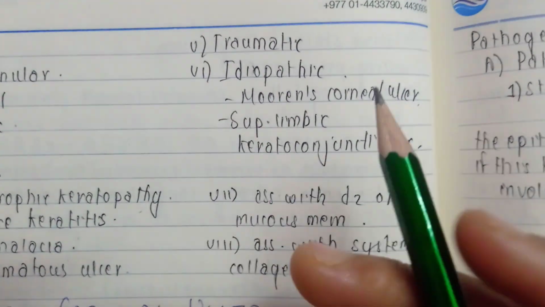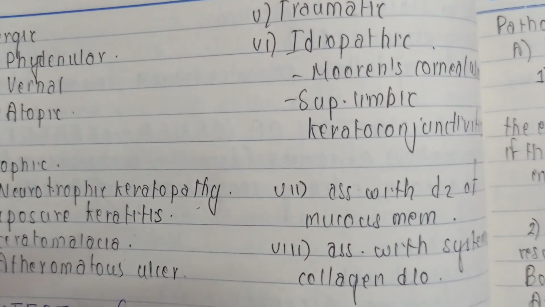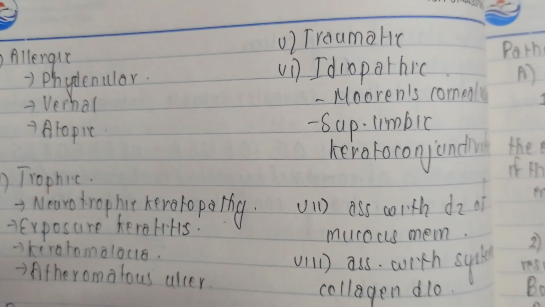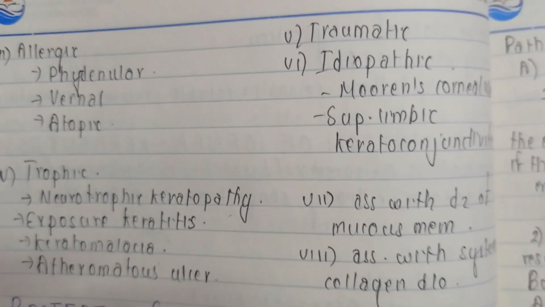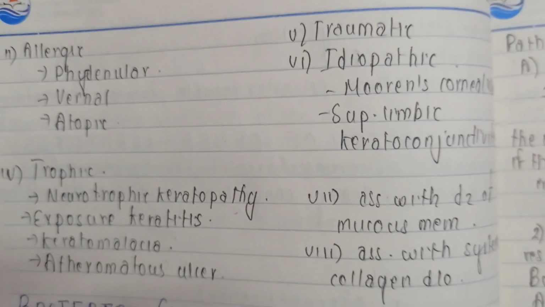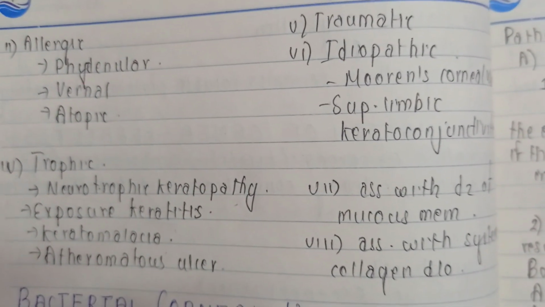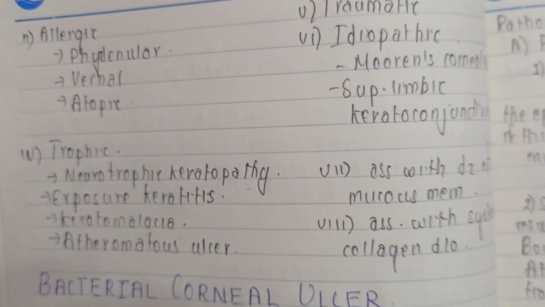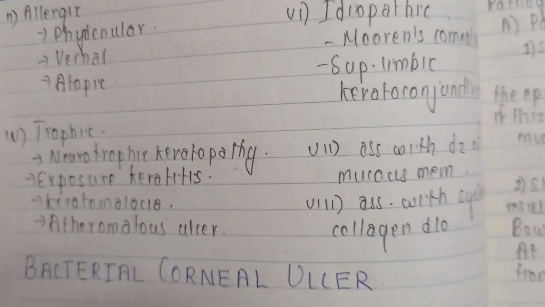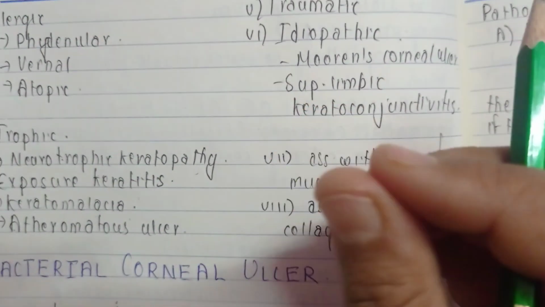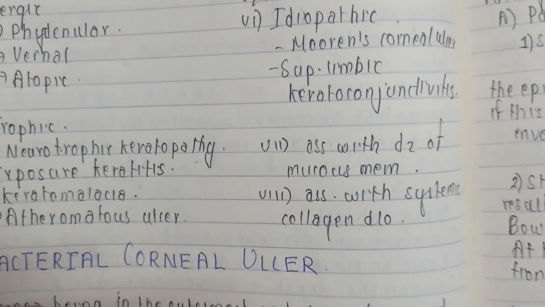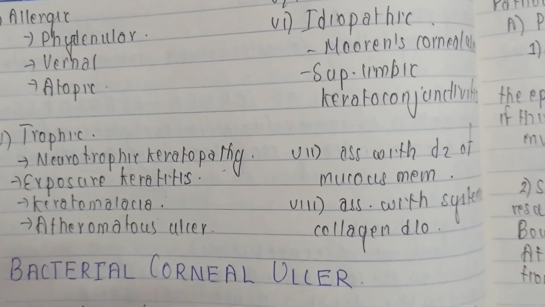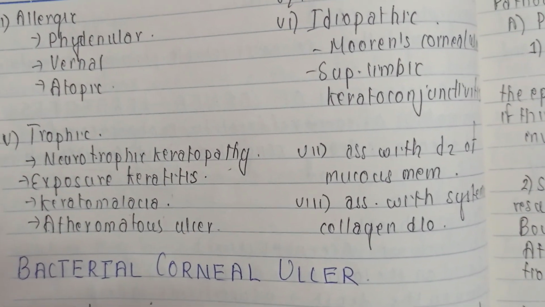When we look at the etiology of various diseases, we can notice that in many diseases the etiologies are infectious, non-infectious, toxic, traumatic. Here it is the same thing: we have infectious and non-infectious, and another one is immune mediated.